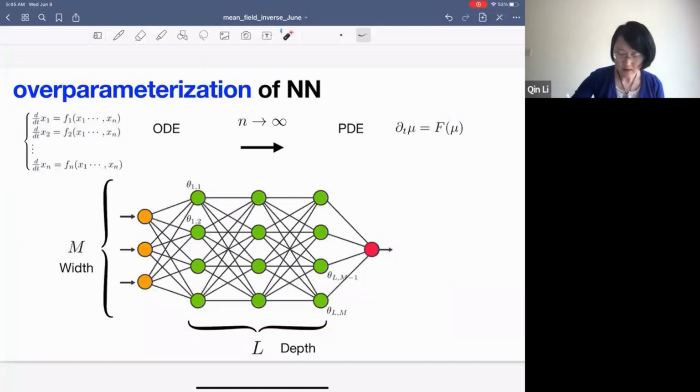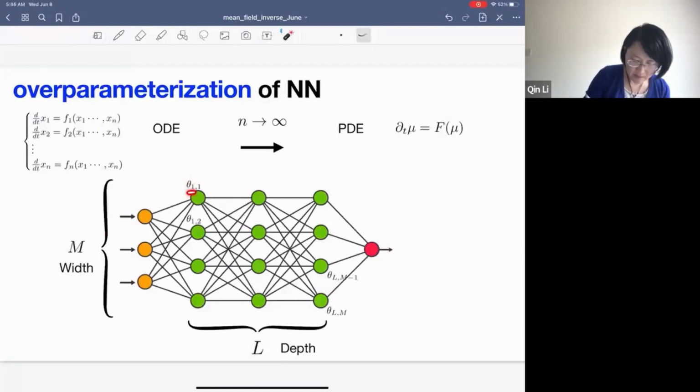For the moment, I would like to confine myself to the residual network. Let's assume that the neural network has L layers, so it's L deep. And in each layer, I have M neurons. Each neuron is configured by the parameter theta.